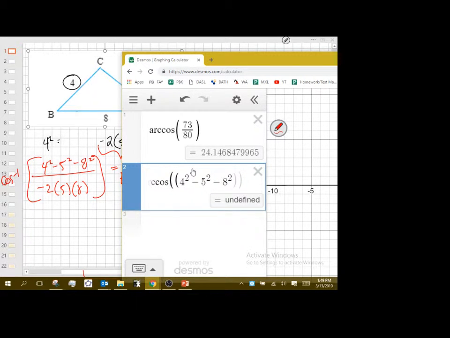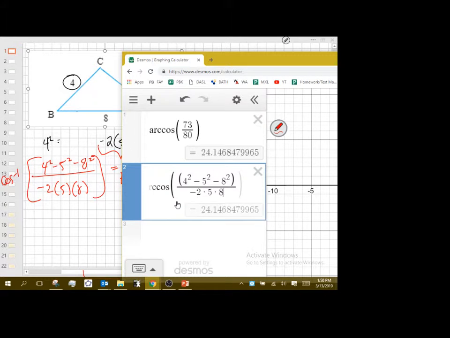We need those parentheses, because I want the calculator to do that evaluation, like we were doing on paper the last go-around. I want the calculator to do that calculation and get that, what was that number? We had 73. I want to get that 73 calculated first. I then want the calculator to, and it will do this because it's only multiplication down here, make that negative 80, I guess. So I have negative 73 over negative 80, and then it will finally divide those, and then run that quotient through the cosine inverse, and what do you notice?